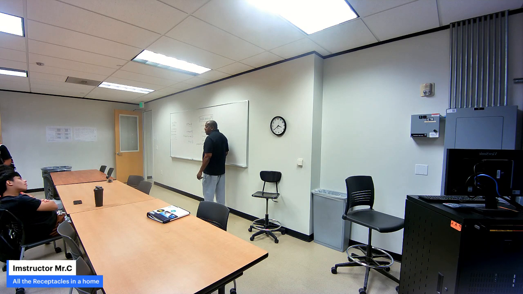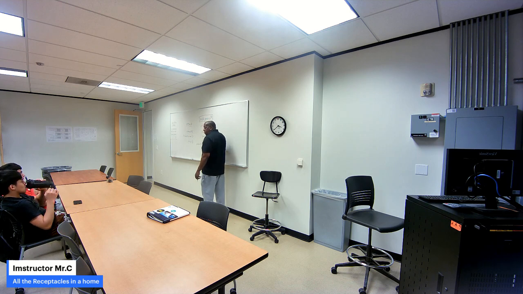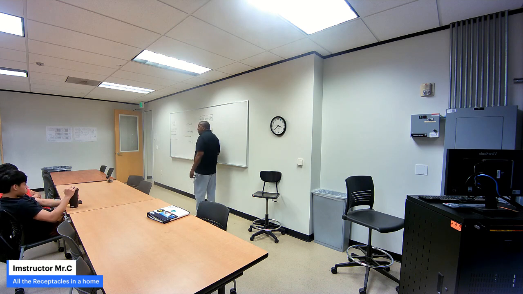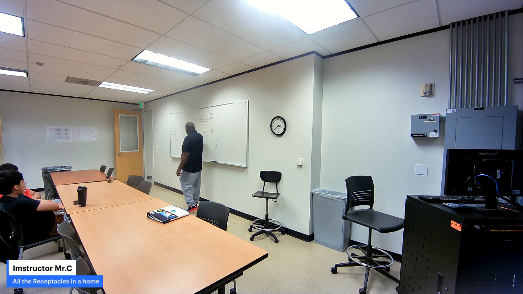You guys never done that before? Who has done that before? It controls a part of the receptacle, so if you plug a light in, it can control the light on and off. All right? So these are all the switches that you have in a residential home, and these are all the receptacles that you have in a residential home.